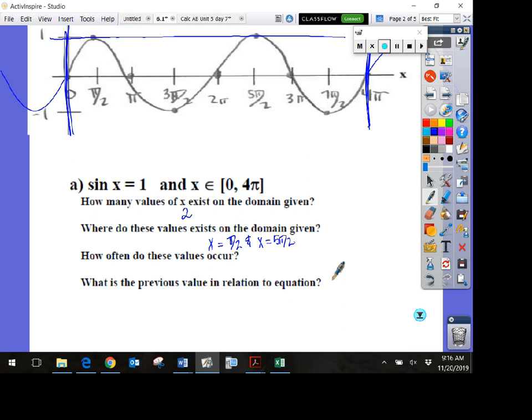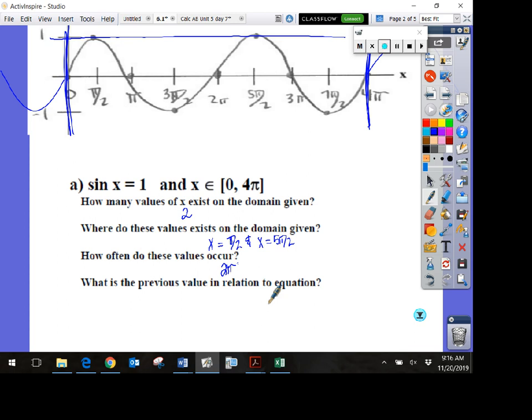How often do they occur? Okay, well, from pi over 2 to 5 pi over 2, subtract those two. That happens 2 pi radians apart, 2 pi units apart. And then what is the previous value in relation to the equation? Let's think back to, again, that's why we did that packet.